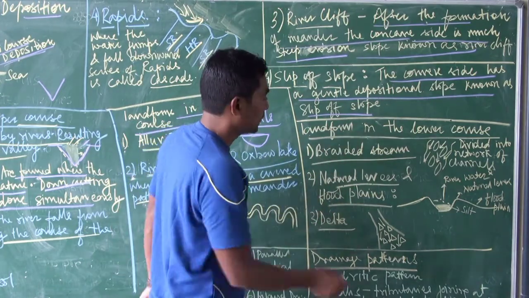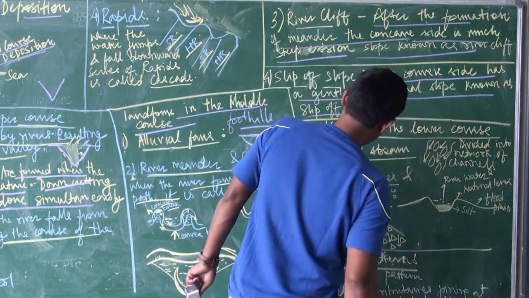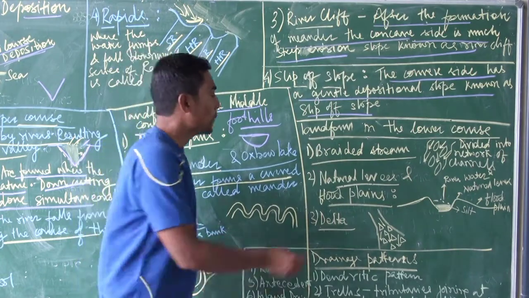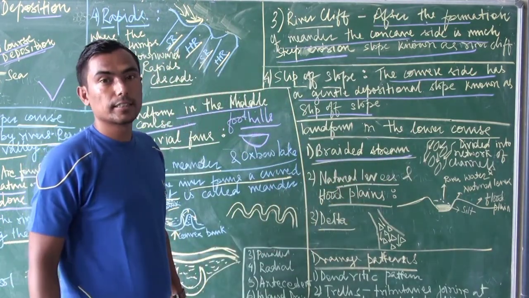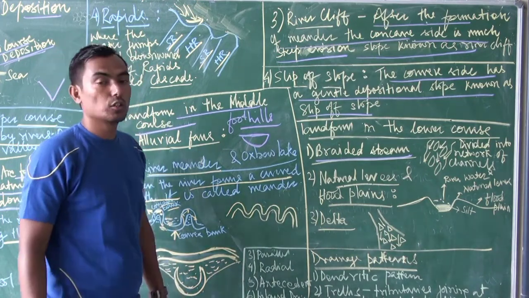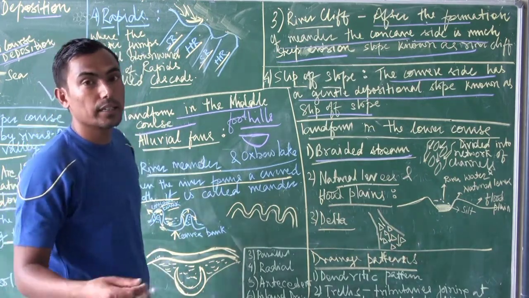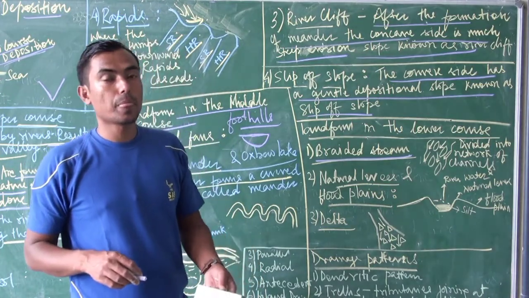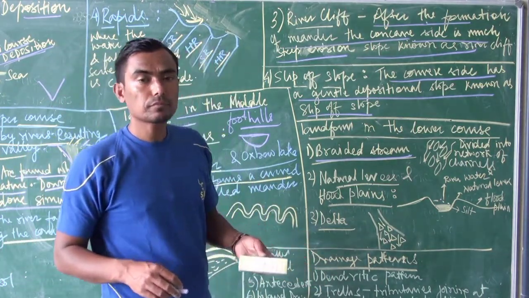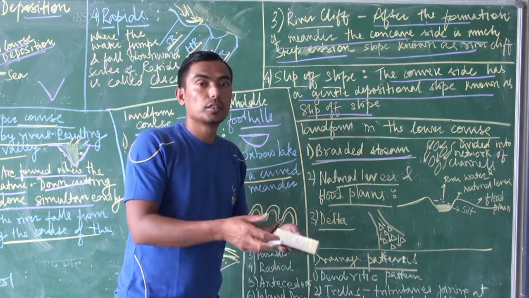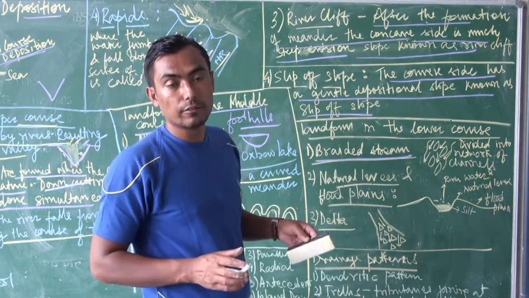Next, landforms in the middle course. The first one is the braided stream. Braided streams come into existence especially in the lower course where there is continuous deposition. Those sediments brought down by the rivers are deposited along the course of the river.